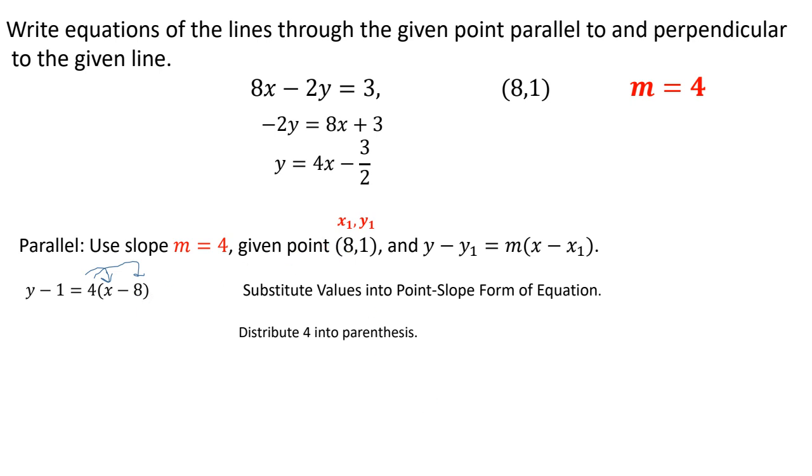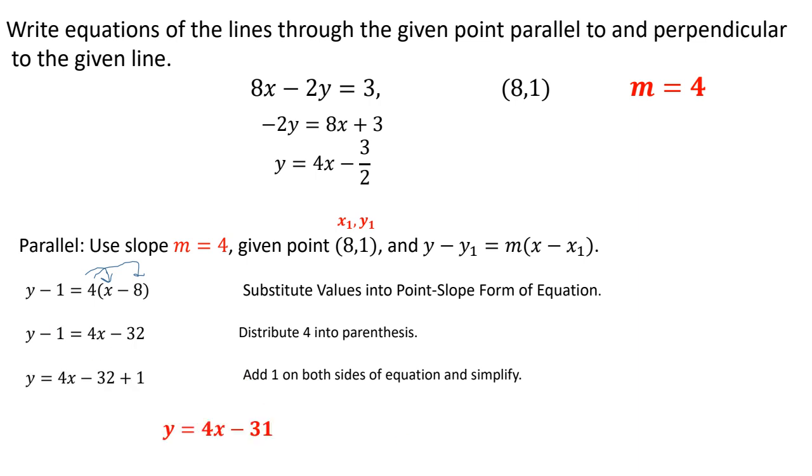We're going to distribute that 4, and we end up with 4x minus 32. I'm going to add the 1, and I get y equals 4x minus 31. So this line, if you graph it alongside this one, they're going to be parallel, which means they're never going to intersect.